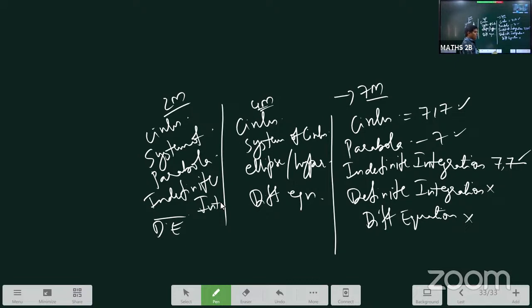But last 2-3 years, in 2B, some unexpected questions and surprises we are getting. So what I'm saying is circles, parabola, indefinite integrations, whatever I taught, whatever they say important questions in your textbook, all the questions you are going to do. Don't go for only few questions. That will affect a lot. Please go for a little bit more number of questions to be on safe side.